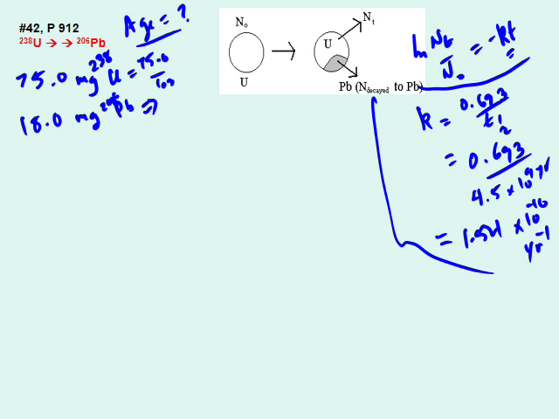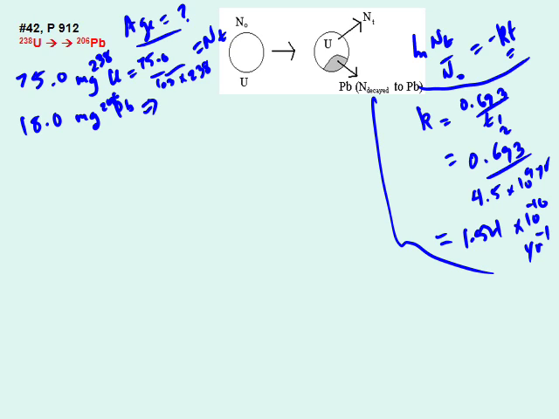That's 1000. That gives you gram, and that divided by 238 gives you mole, and that would be the NT value.